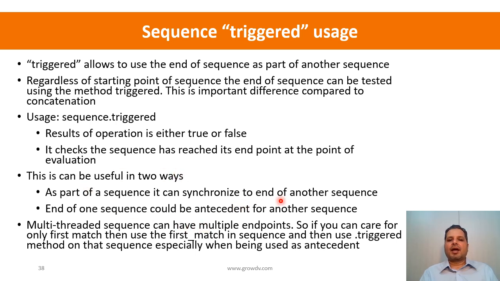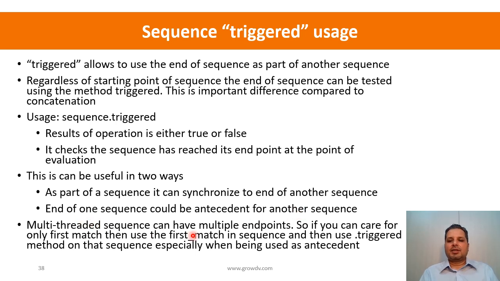One is that you can synchronize a part of a sequence to the end of another sequence, or you can use the end of a sequence as an antecedent to another sequence. Okay, so the end of this sequence triggers, with the implication operator, another sequence.